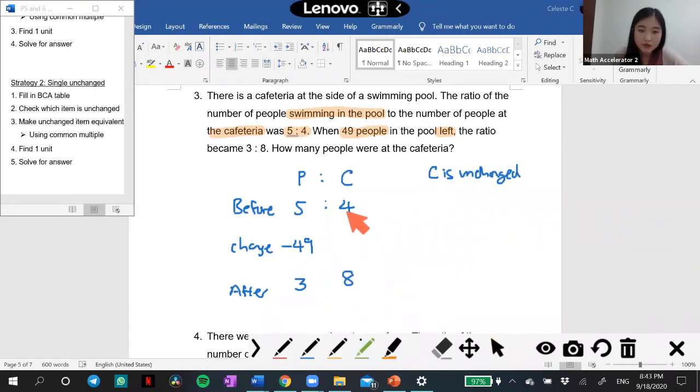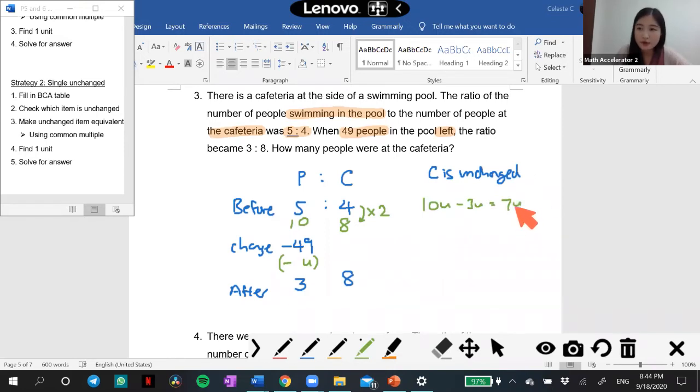So what can I do? 4 and 8. This 4 here, I can times 2 to get 8. Right, 8 and 8. So now it's equivalent. Remember the times throughout. So here is 10. So how many units were taken away here, from 10 to reach 3 at the end? 10 units minus 3 units.